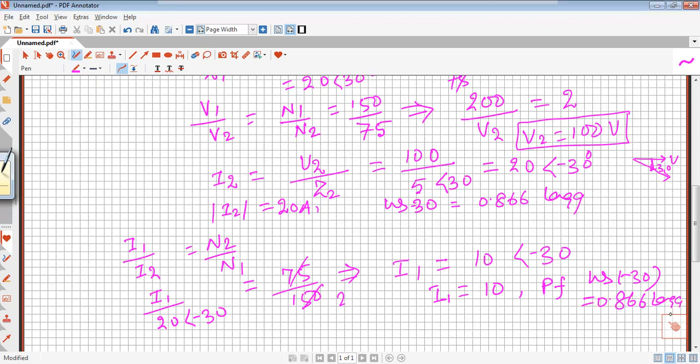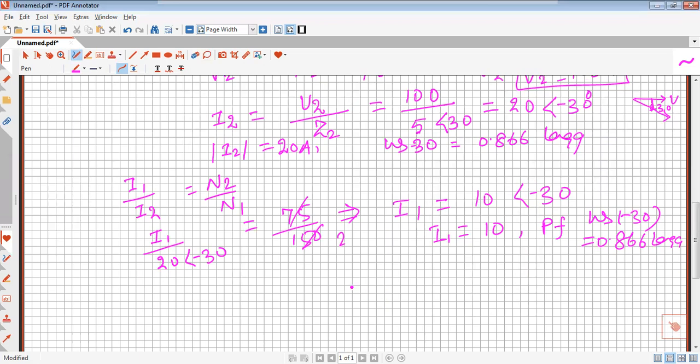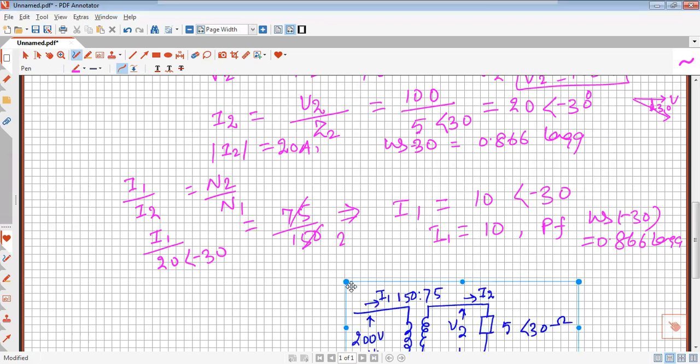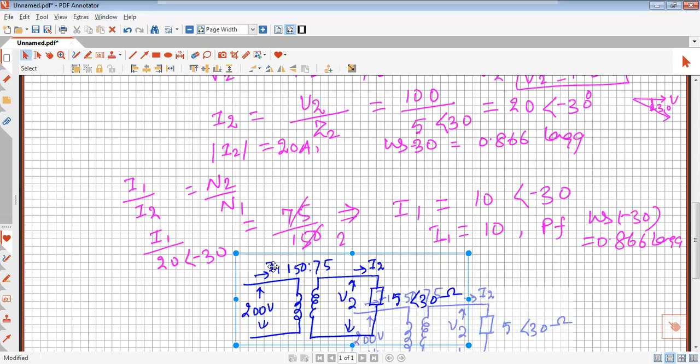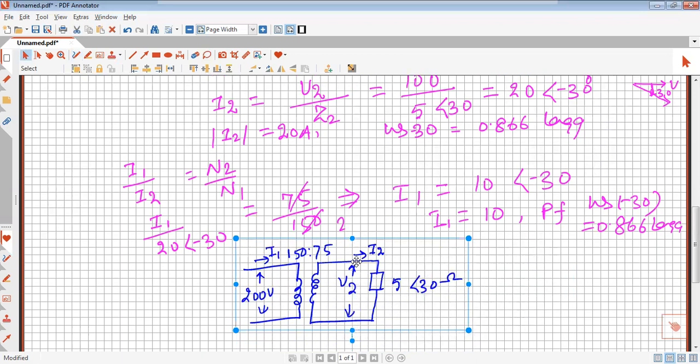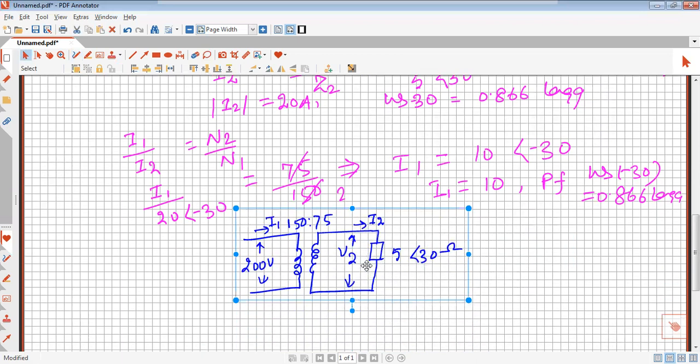So the primary current is known, and the primary and secondary voltages are also known. Now we can find the secondary power output, which is asked here. So this is our diagram. From this diagram, we can find how much real power will be available on the secondary side.